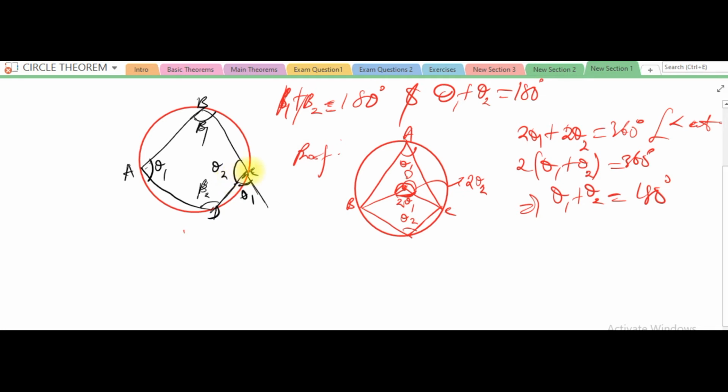So whenever you extend one of the sides, the exterior angle formed is always equal to the opposite interior angle. The same way, if you extend this, whatever should be here should be beta 2. So we need to remember this. It's also helpful.